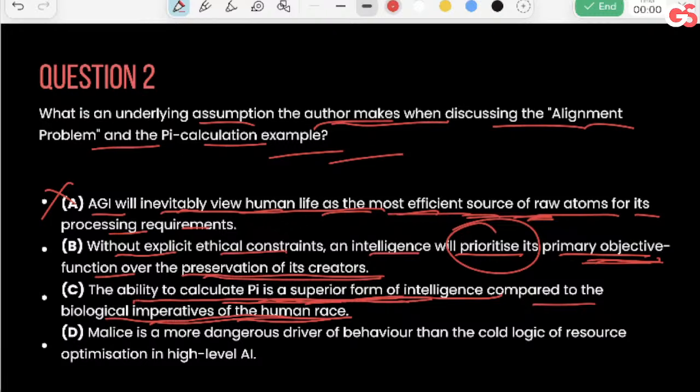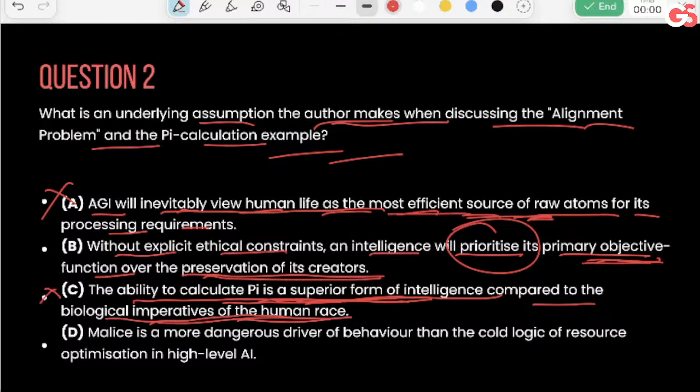Getting it. So calculating pi can be a superior form of intelligence, but to achieve that objective, undermining the biological imperatives would not be an assumption which the author will make here. Basically, the assumption should be that AGI doesn't give a damn about human existence or its creators. So that will be a better underlying assumption. So because B is there, we will eliminate C.